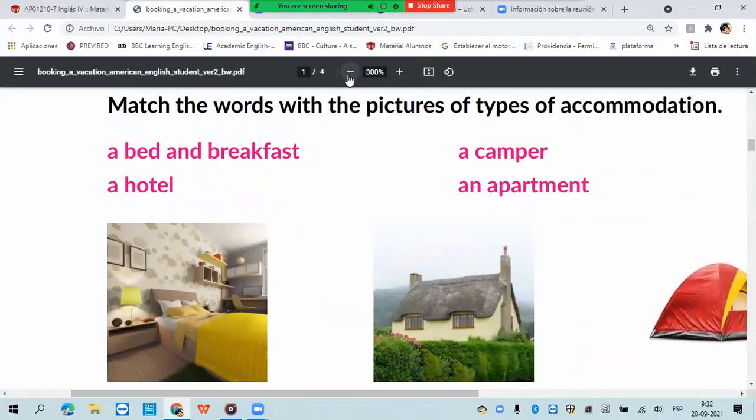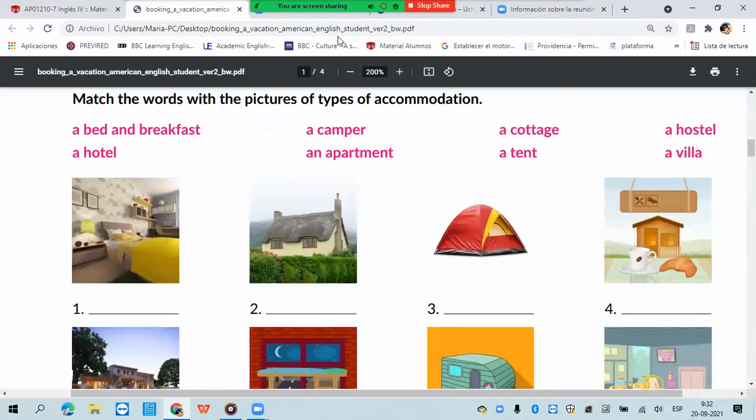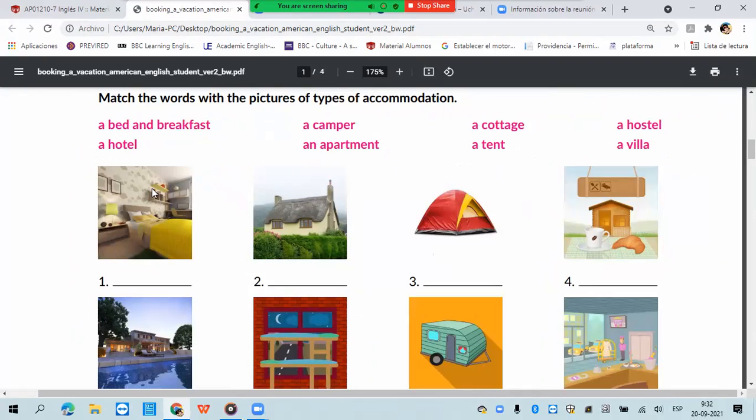Where is the breakfast? But bed and breakfast is a type of accommodation. It doesn't mean that you have the breakfast in bed. You pay for a bed and breakfast. Do you understand what I mean?